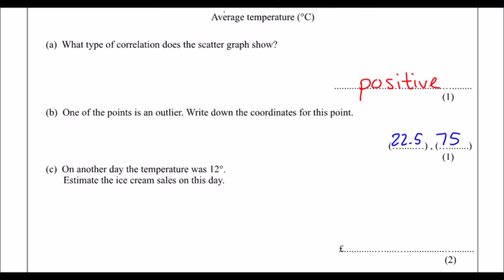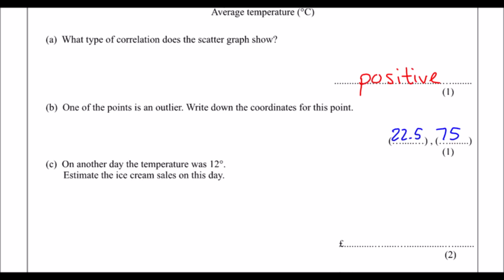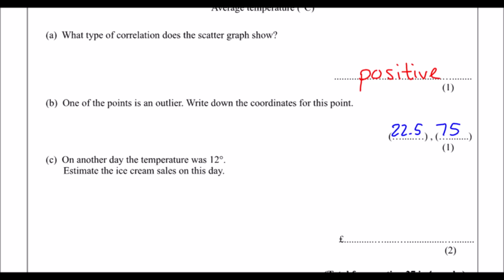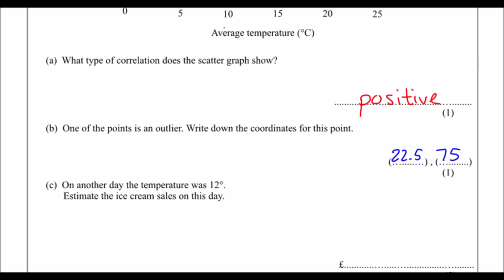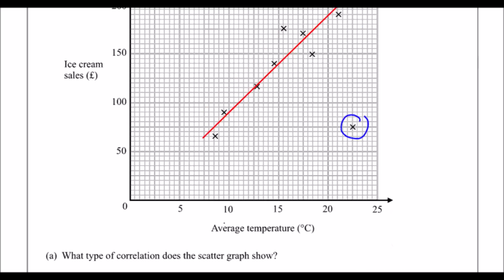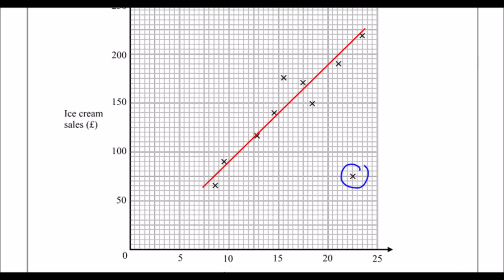On another day, the temperature was 12 degrees. Estimate the ice cream sales on this day. So 12 degrees. We're going to use the line of best fit. So it's going from 2, so that's 11, 12. Go up to our line. And then along.